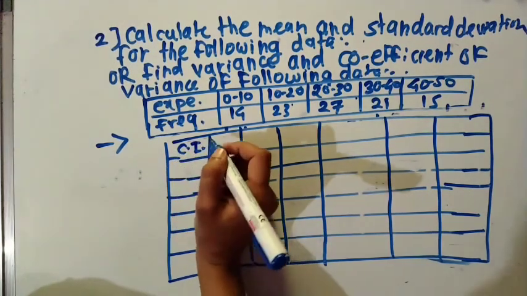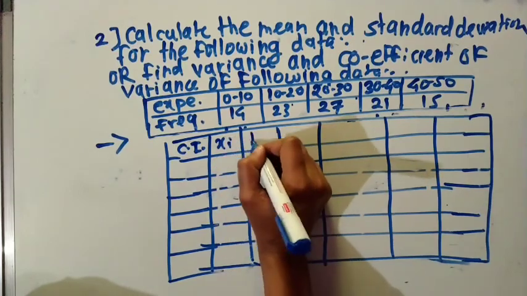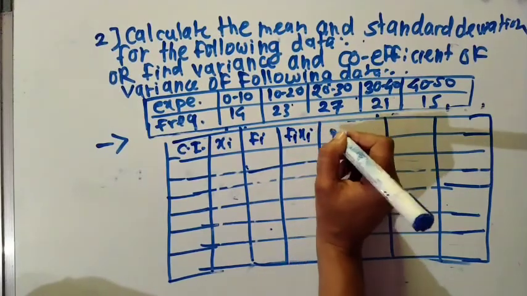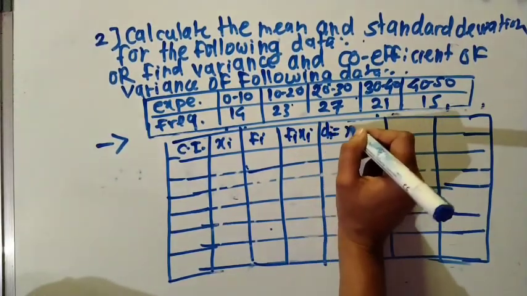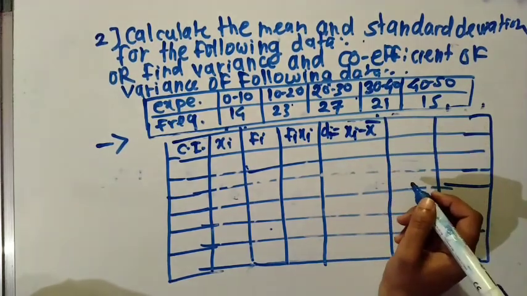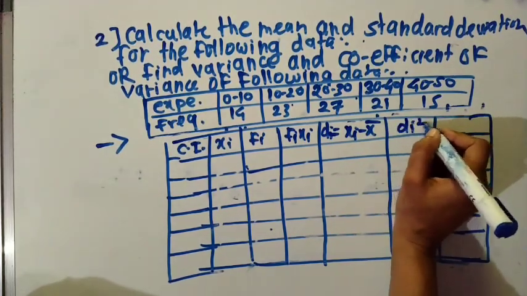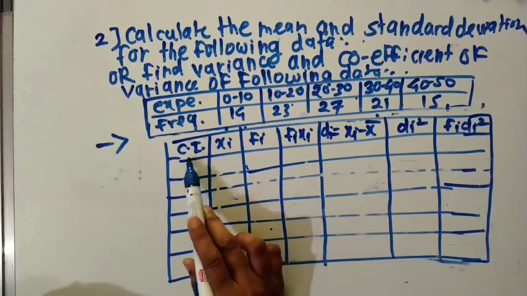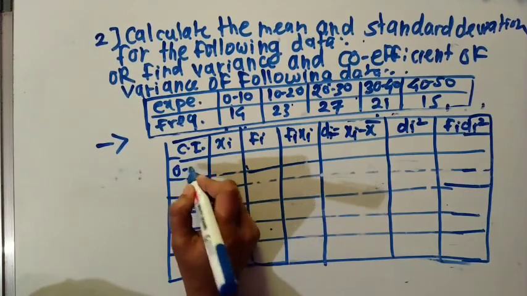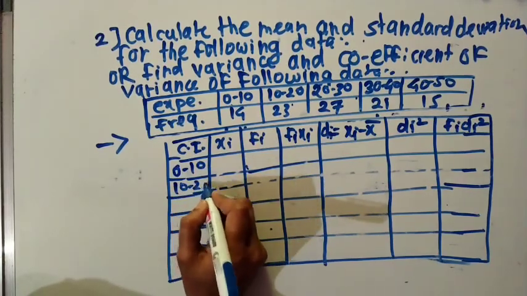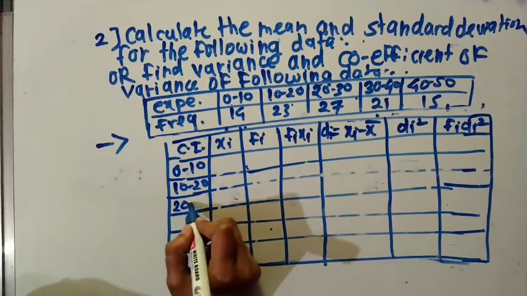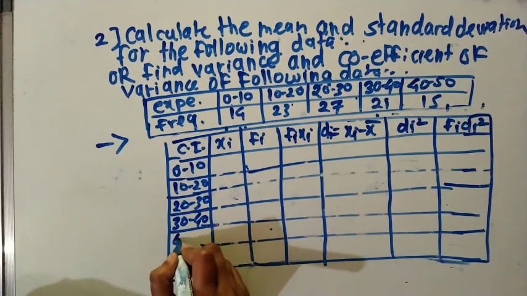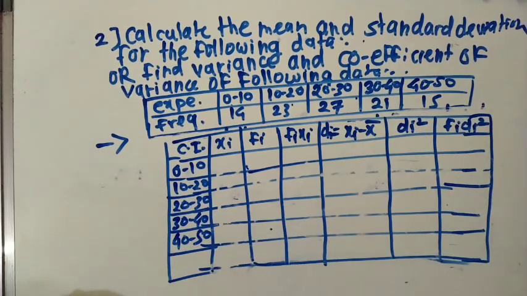Then the class interval is 0 to 10, 10 to 20, 20 to 30, 30 to 40 and 40 to 50.